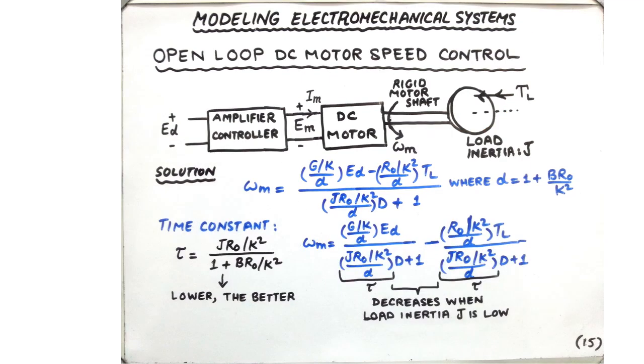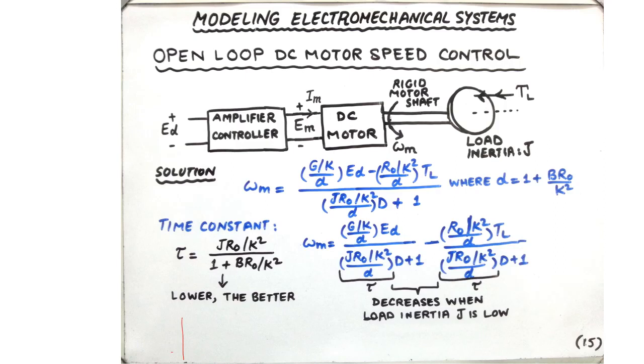Finally, the time constant of the system. We know how to compute the time constant of a first order system. The time constant defines the time it takes for the speed to reach 63% of its steady state value.